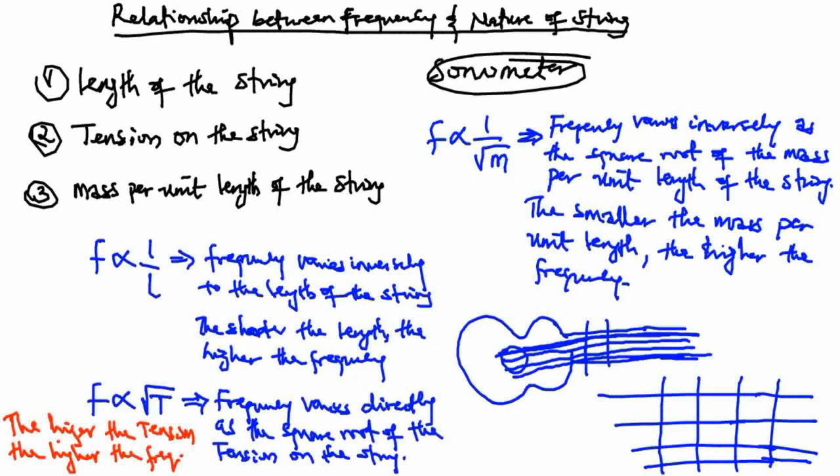If the fret is held somewhere down here, the sound it makes has a higher frequency than when it is held down here. That's because with these frets you are varying the length.